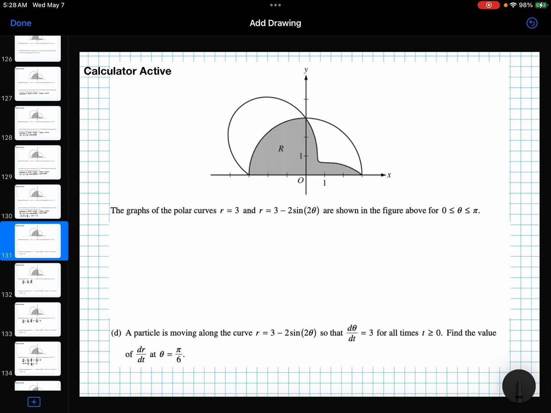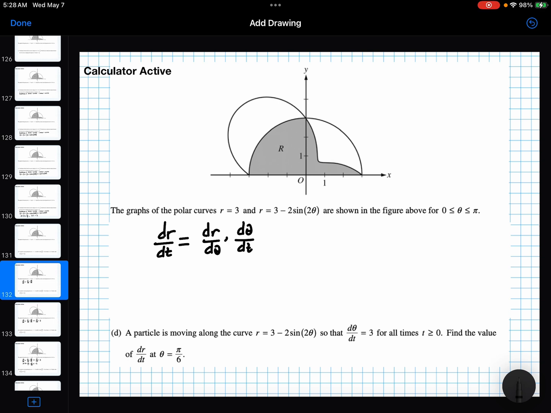So I have to somehow use the fact that I know d theta dt and come up with dr dt at this specific value. All right, so here's the idea. I'm looking for dr dt. So dr dt, this is by the chain rule. I'm using kind of dimensional analysis here too.